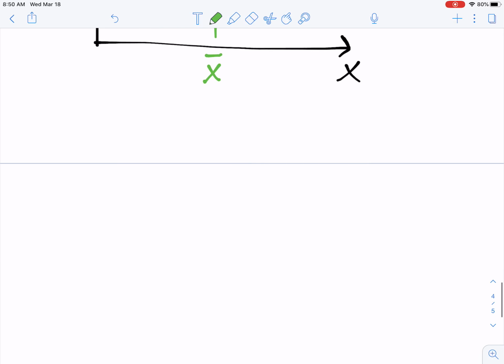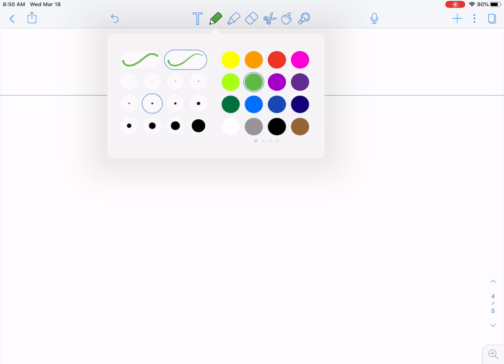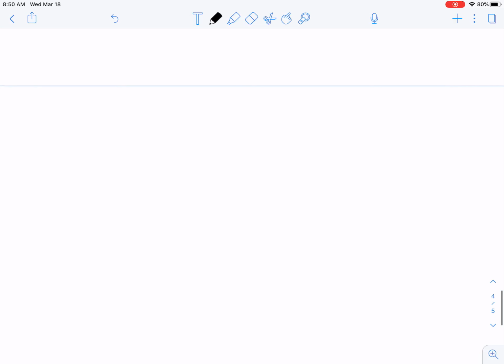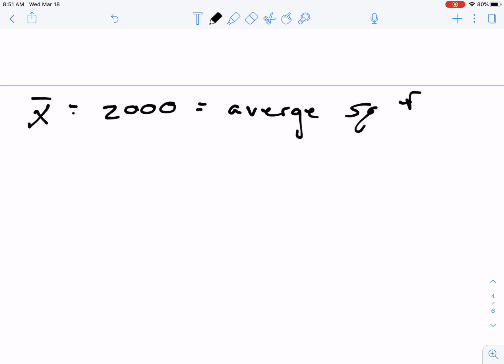So let's suppose for our home price example that x bar equals 2,000, the average square feet, the sample average square feet in our data. In fact, we already know what y bar has to be because remember the point x bar, y bar is always on the graph.